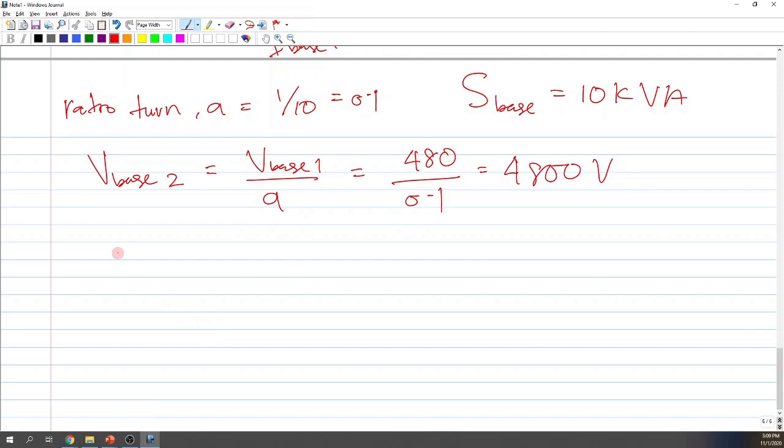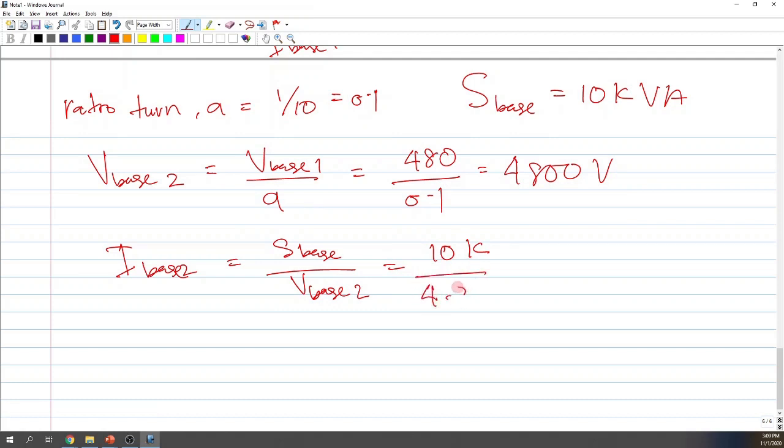So we can calculate I base 2, which is equal to S base divided by V base 2. So we have 10K divided by 4.8K, and we get 2.083 ampere.